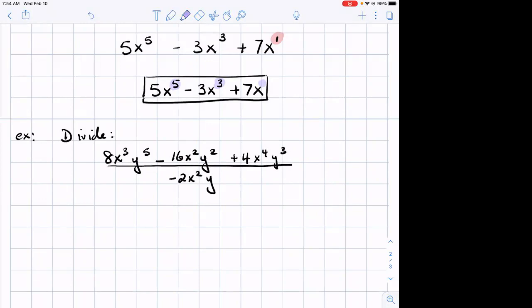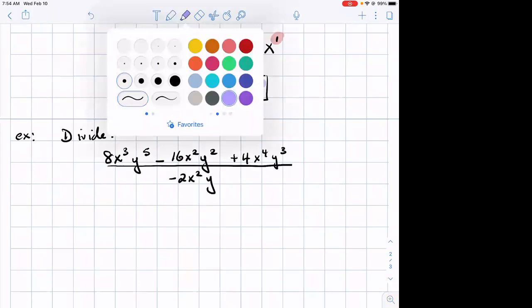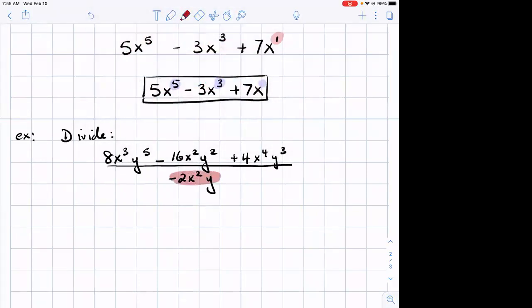Once again, you will notice that your divisor here is a monomial.